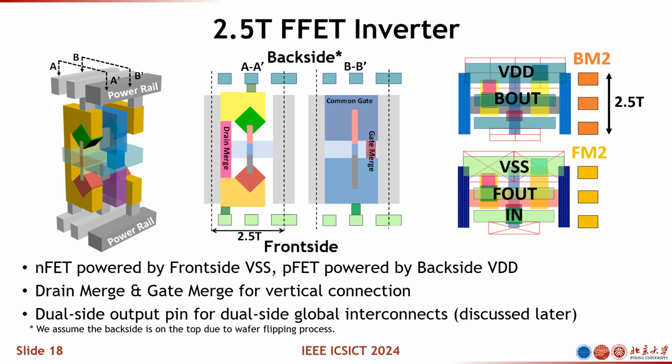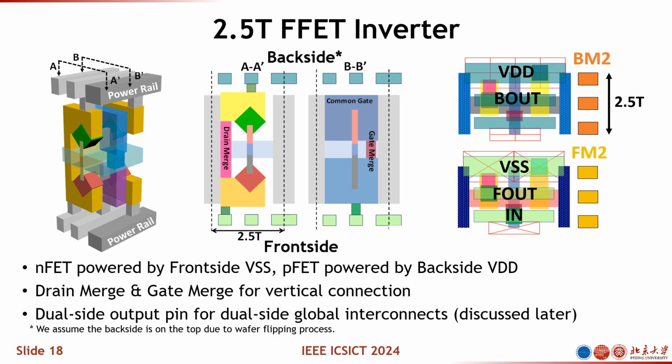And here shows the layout design for our FlipFET on the right hand side. Because the transistors are done separately from the wafer front side and back side, you would need two sets of layout. One is the layout for the wafer front side, and the other is the layout for the wafer back side. And I will talk about the reason why we are doing this.